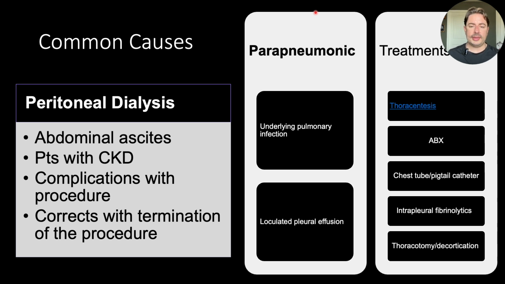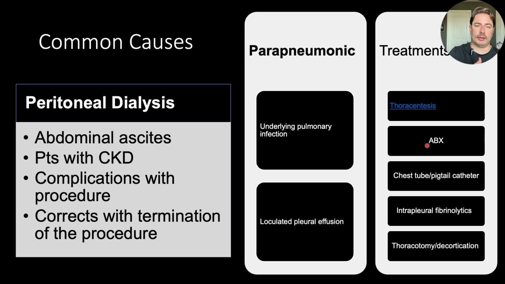So one of the things that we can do as far as treatments is looking at the thoracentesis. We've talked about this. I will upload the actual PowerPoint to our course so that you can tap into this video on the thoracentesis. We want to make sure that our patients are getting on antibiotics.